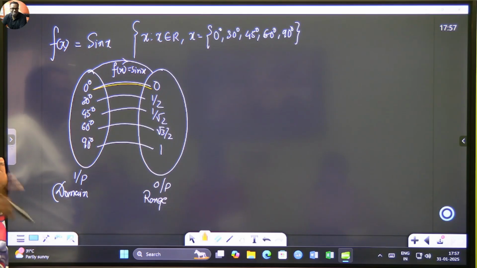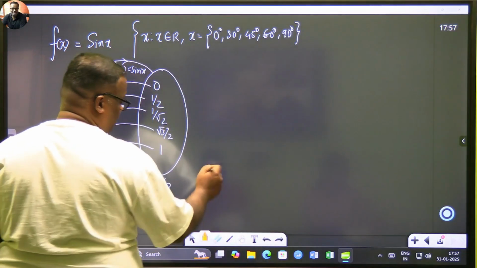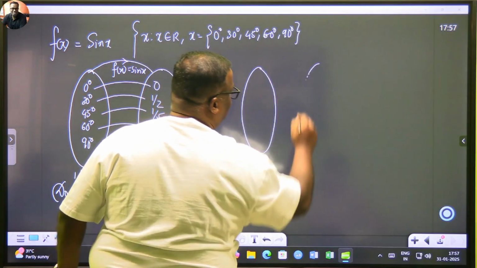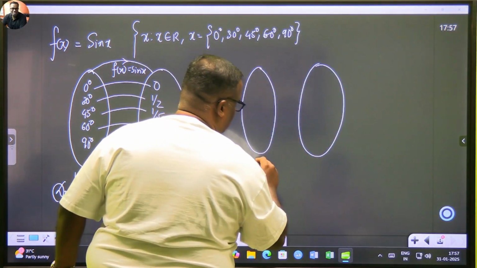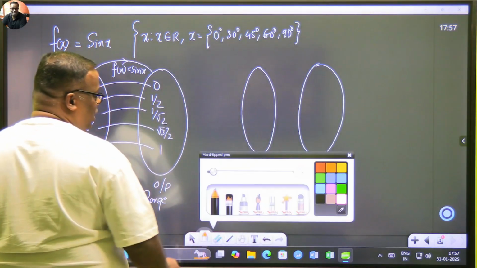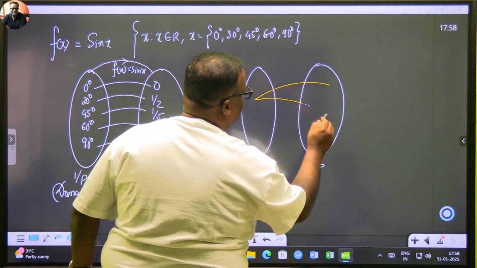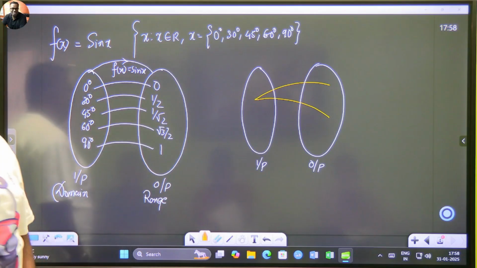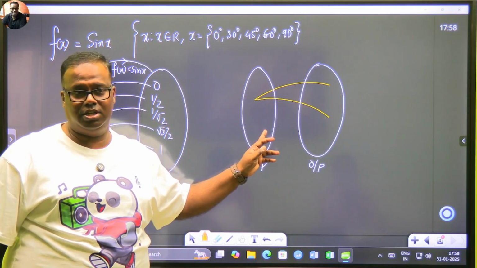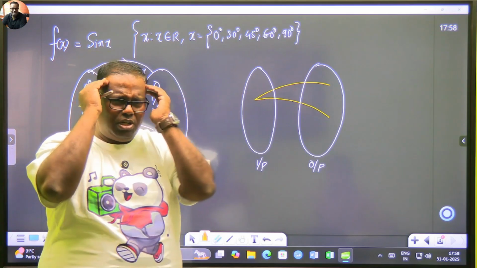Let me draw this once again for you, and then it will become clear which type of things are functions and which are not. So this is input and this is output. If they show you a mapping like this in any competitive exam, in higher classes this is called a relation, not a function.